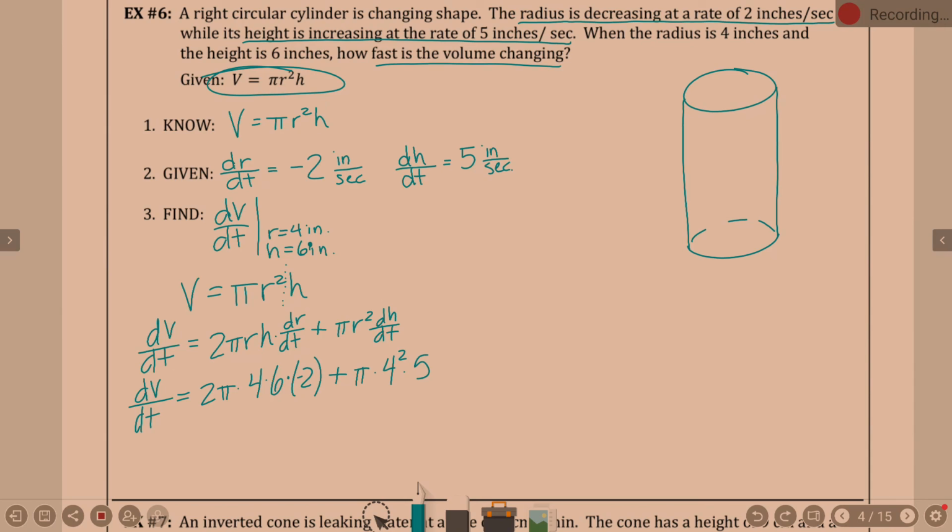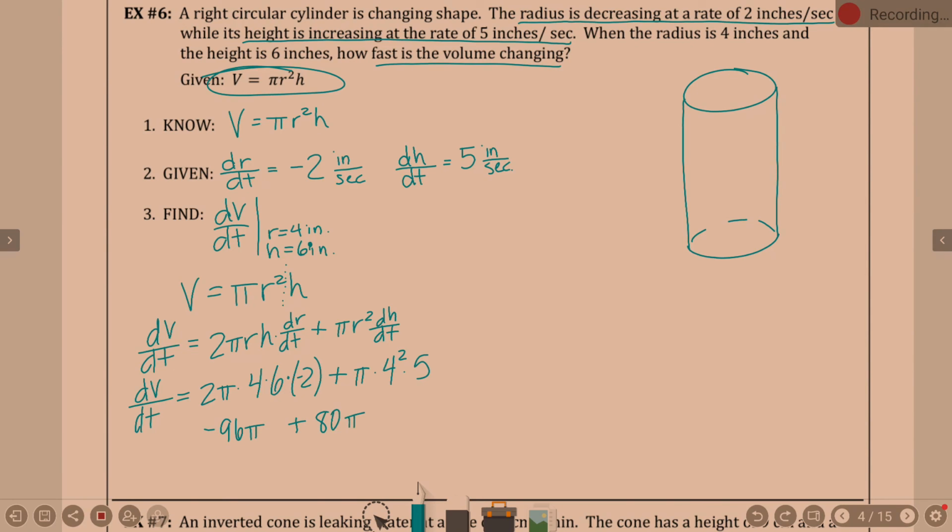If I keep it in terms of pi, which is how my final answer is here, let's see. 2 times 4 is 8. 8 times 6 is 48. 48 times negative 2 is negative 96 pi. Plus 4 squared is 16. Times 5 is 80.